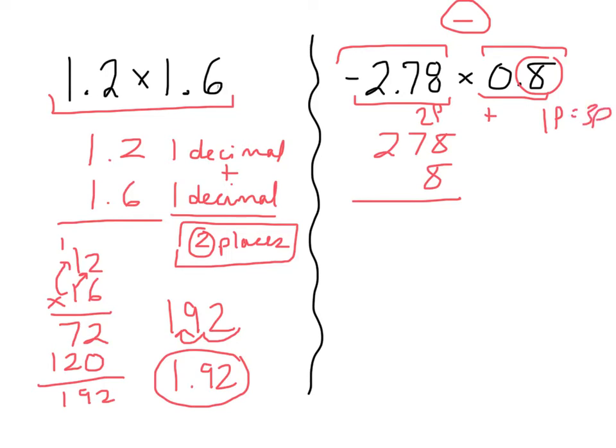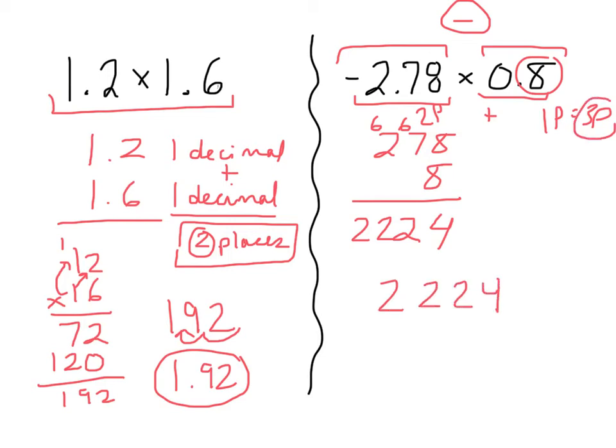So 8 times 8 is 64. Carry the 6. 8 times 7 is 56. Plus 6 is 62. Carry the 6. 8 times 2 is 16. Plus 6 is 22. 2.78 times 0.8 is not 2,224.